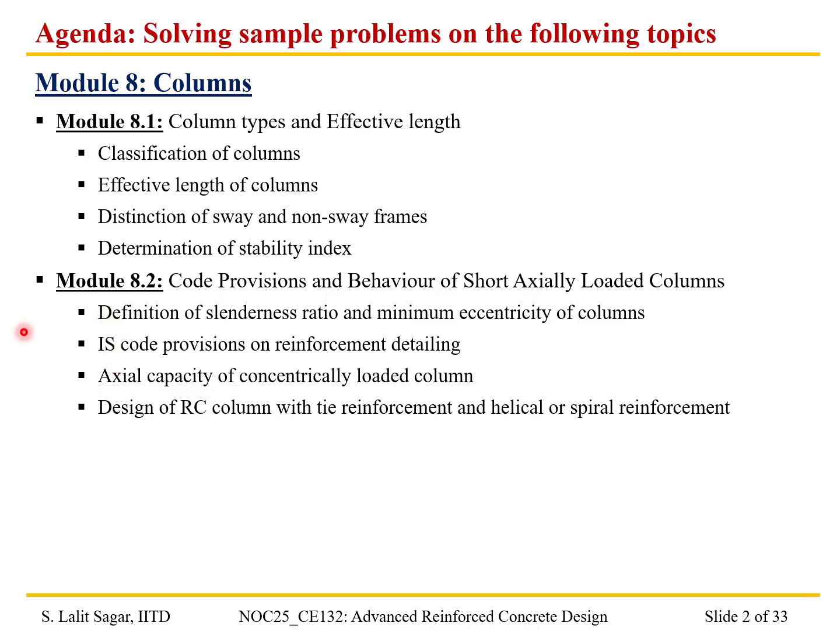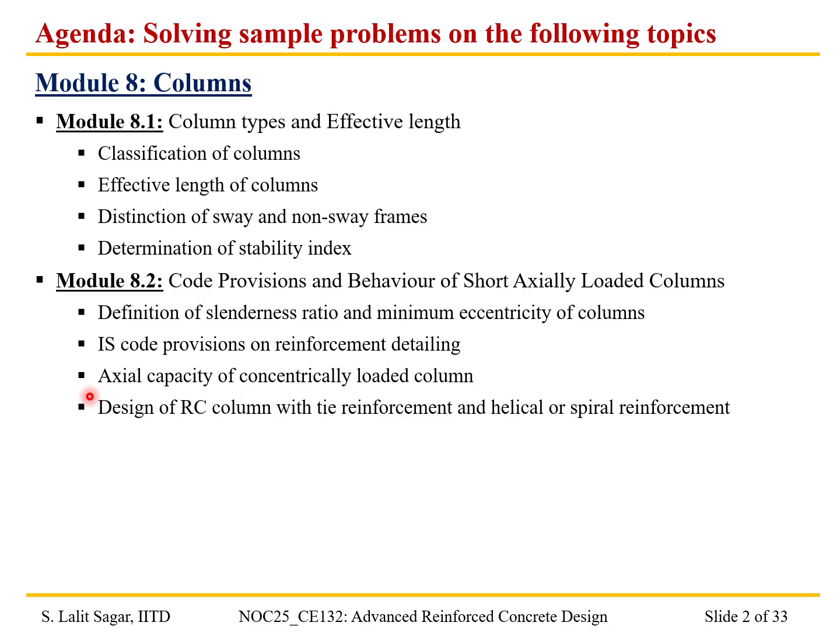In particular, we defined what is meant by the slenderness ratio, and we looked into the concept of minimum eccentricity for columns. We covered the IS code provisions for the reinforcement detailing, and the actual capacity of concentrically loaded columns.